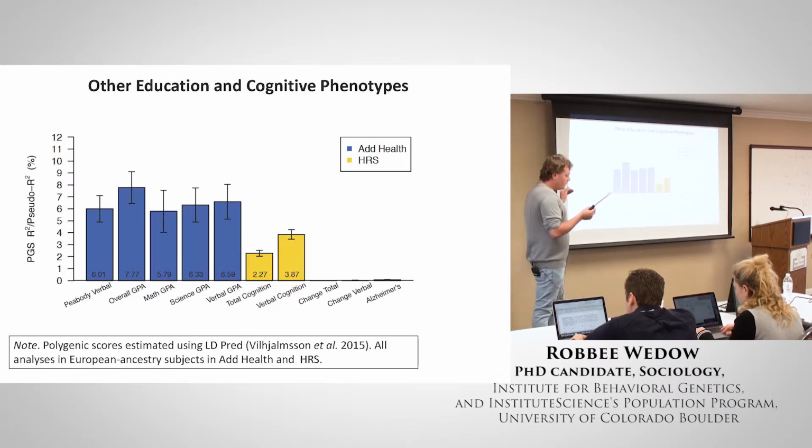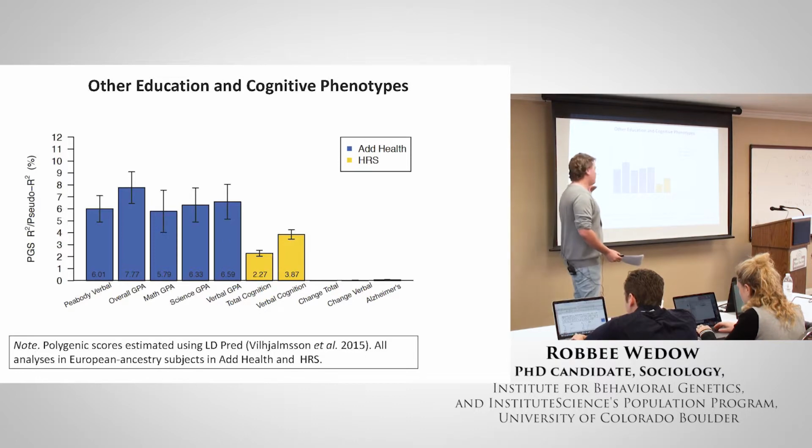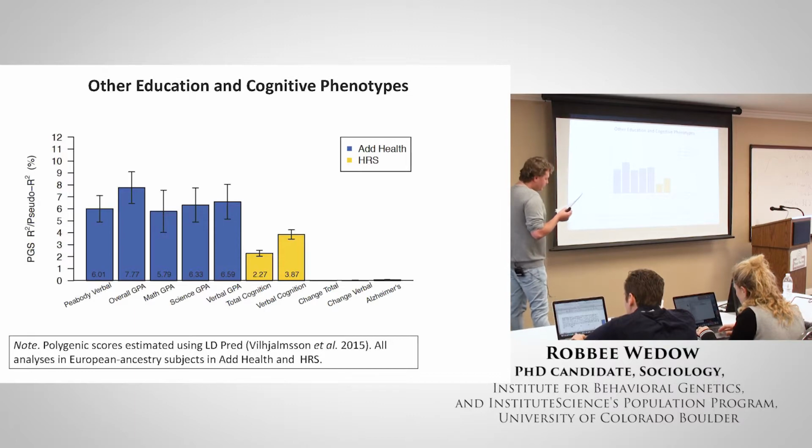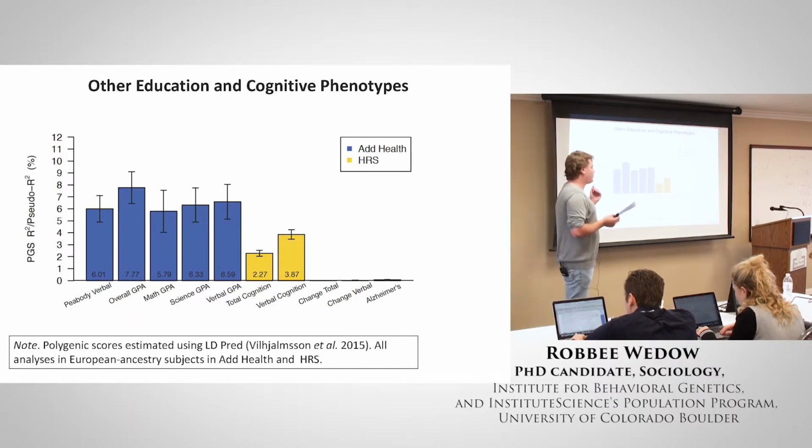In AddHealth, we have a measure of verbal cognition. That's an augmented version of something called the Peabody Picture Vocabulary Test. Also, in wave 3 of AddHealth, researchers collected the transcripts from the high schools of AddHealth participants, and they calculated, using those transcripts, both overall and subject-specific GPAs.